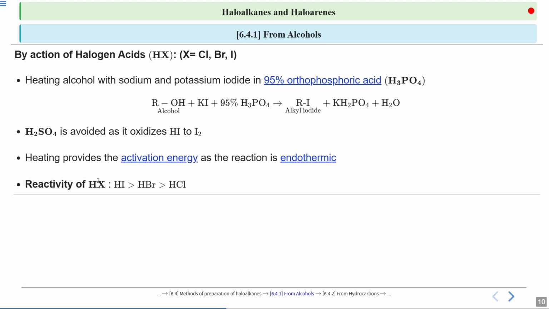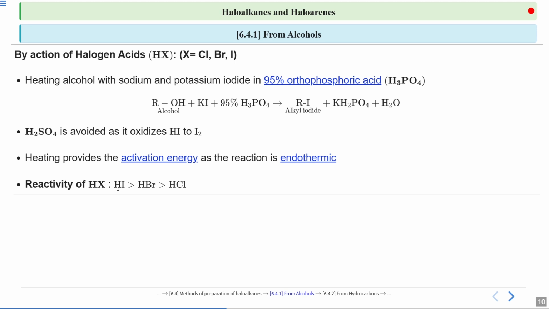The most reactive hydrogen halide is hydrogen iodide, then hydrogen bromide, and then hydrogen chloride. So if you compare the reactivity of the three hydrogen halides, HI, HBr, and HCl, HI has the highest reactivity, then HBr, and then HCl.